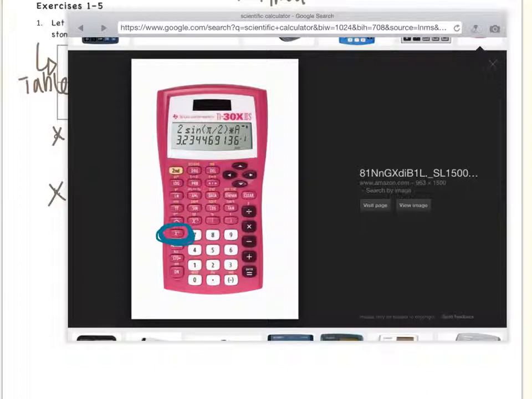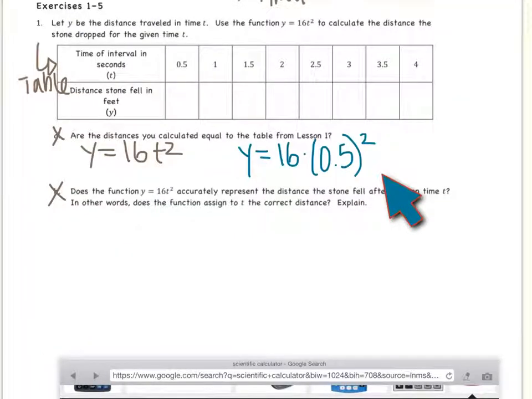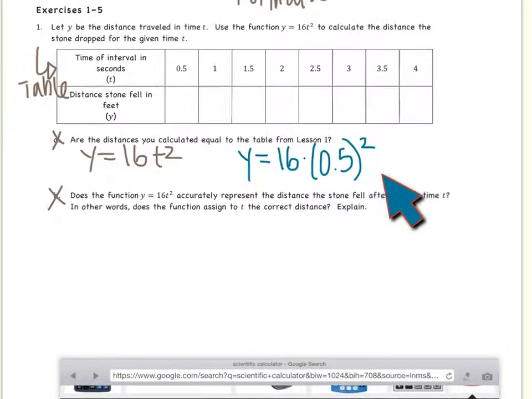If you don't know how to plug in your squared button, remember if it's 0.5 squared, it really means 0.5 times 0.5. If you're not sure, quietly ask someone next to you or around you to help you find the squared button. So now when I plug it into my calculator, I end up with 4 feet.